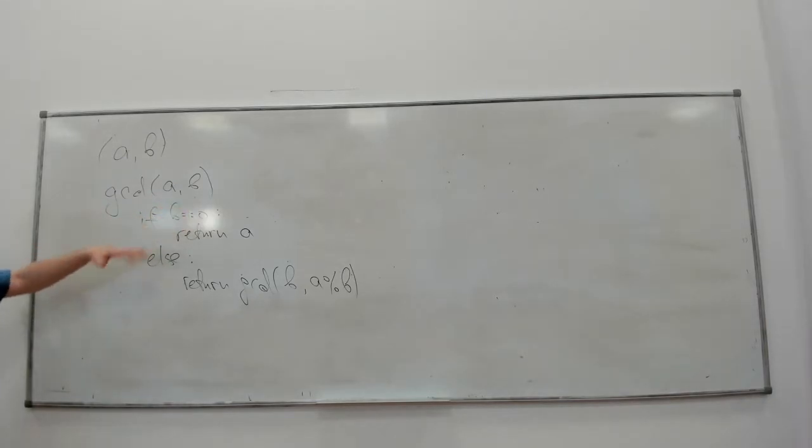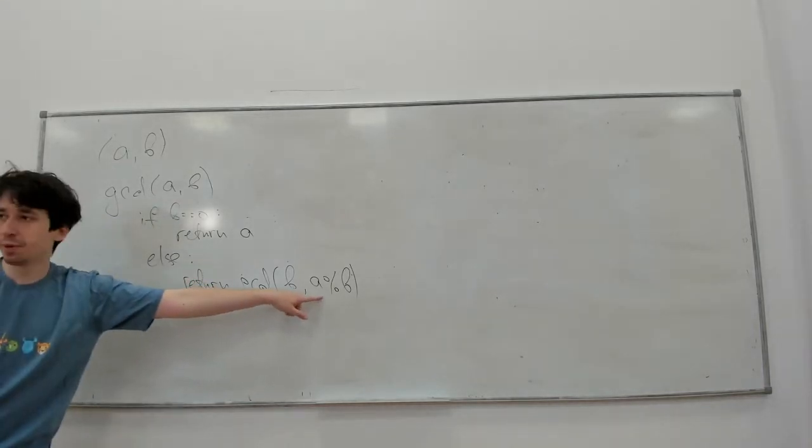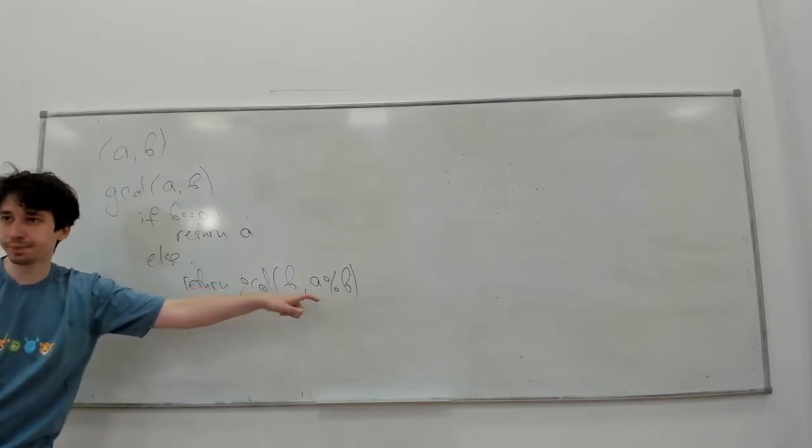If B is 0, then the answer is in A. Otherwise, we swap the two arguments and take A modulo B.